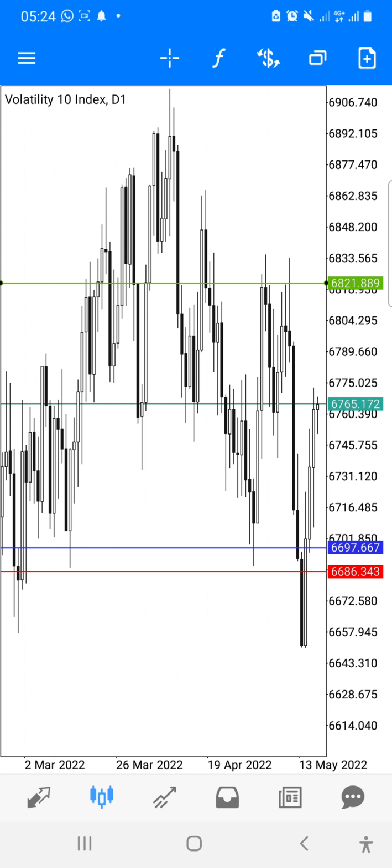So now our entry is 6,697.667, and our stop loss is 6,686.343. Subtracting this gives us 6,697 minus 6,686, which is 11 point something, 11.324 points.